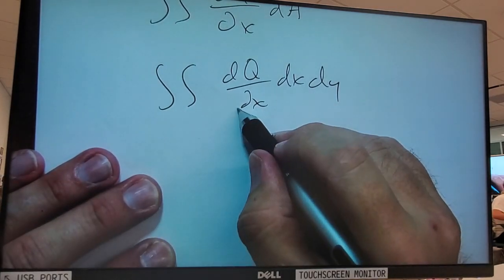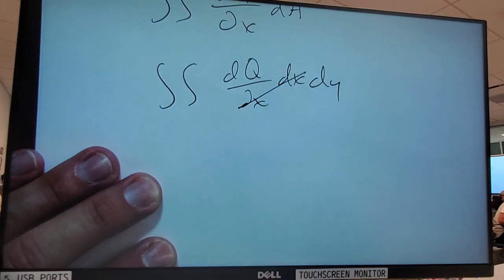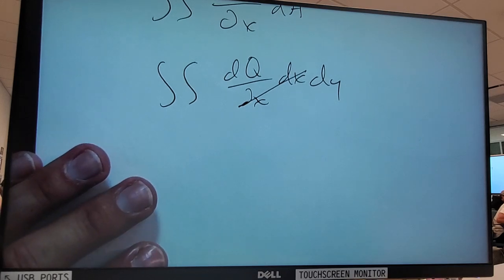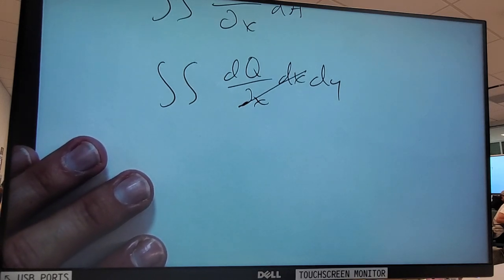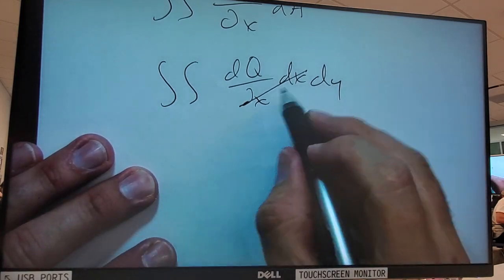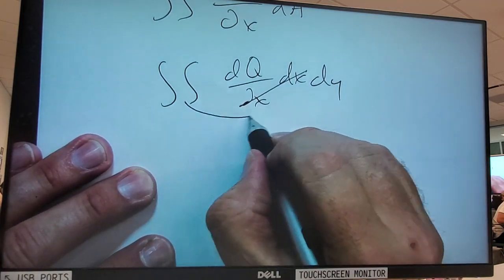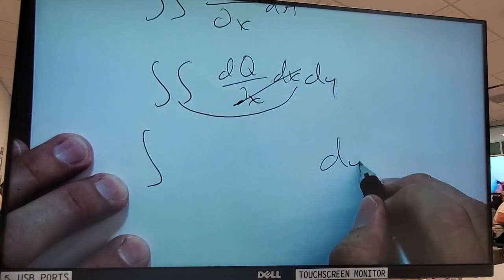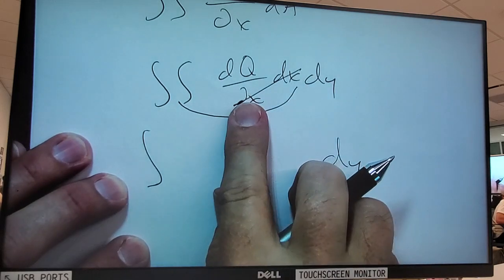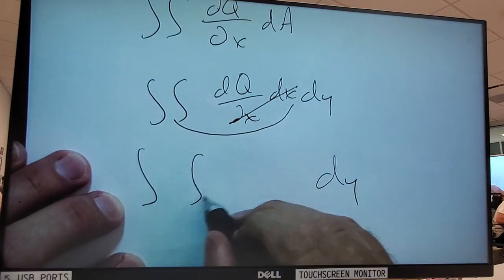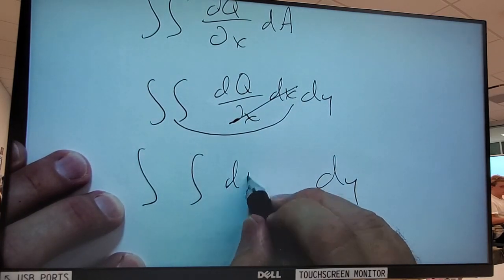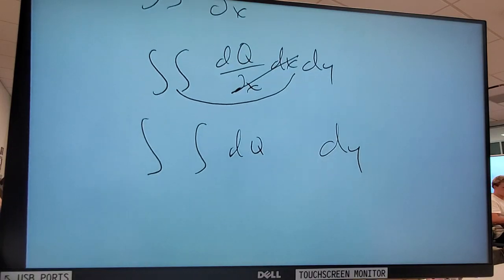These two fundamentally cancel, because the inner integral is all about keeping y constant, all the x stuff are kind of related to each other, so those two cancel. If I just focus on this inner integral right here, I have integral dy on the outside, and what do I have left on the inside? Integral dq, yes? Good!